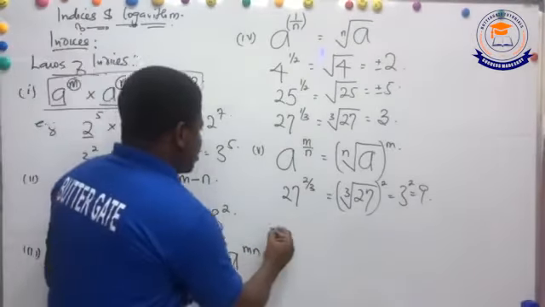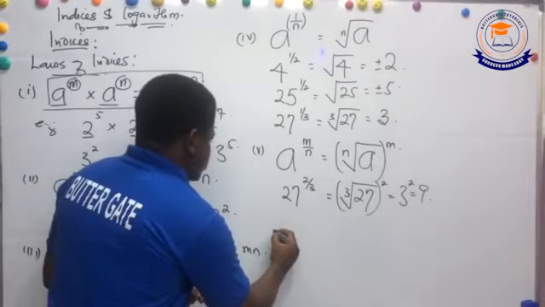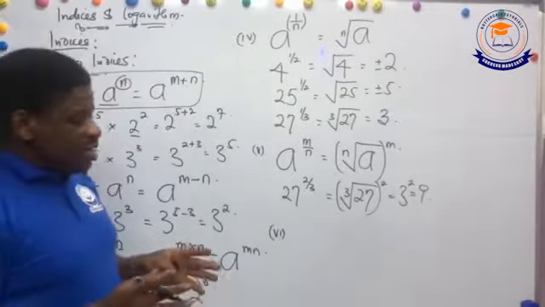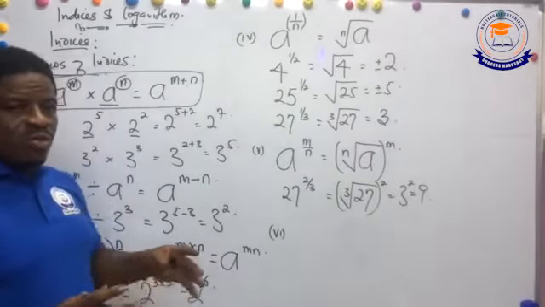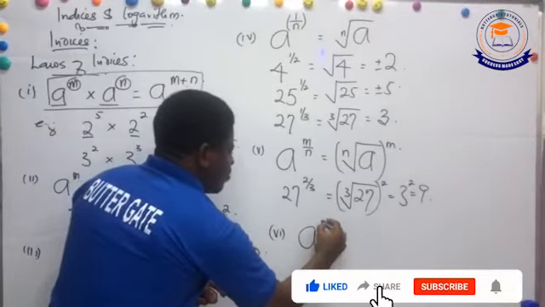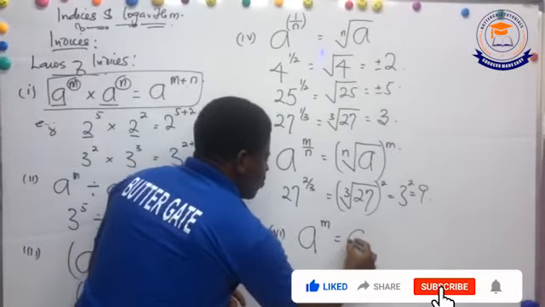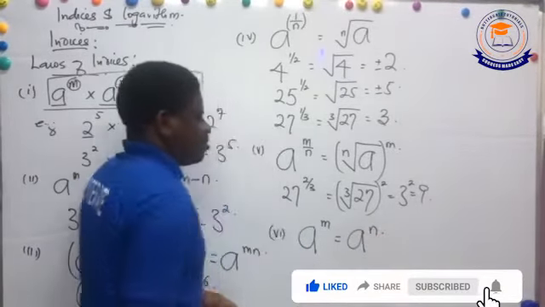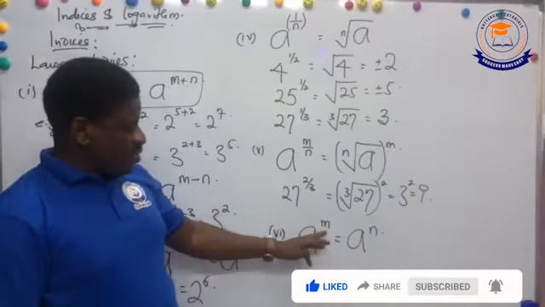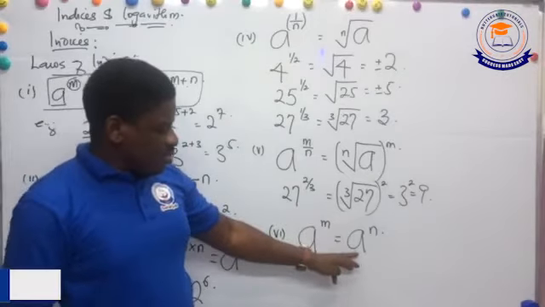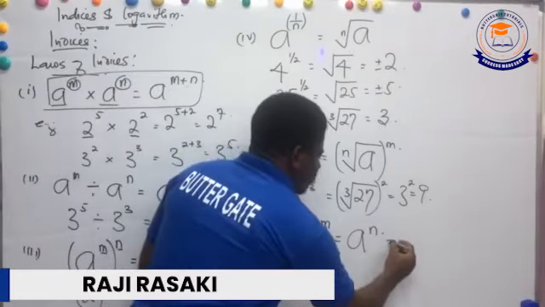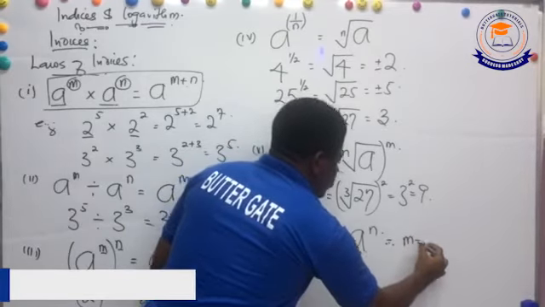Now the sixth law is a little of equation. The law says that if you have a raised to the power of m is equal to a raised to the power of n, a little of equation, base raised to the power of m is equal to the same base raised to the power of n, it says that therefore m is equal to what?